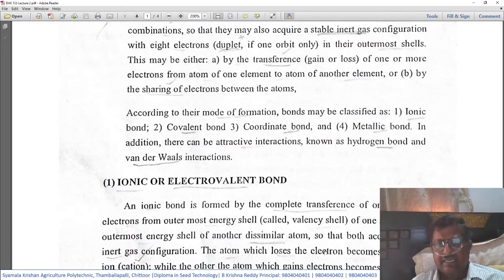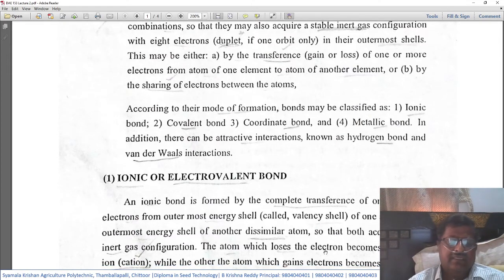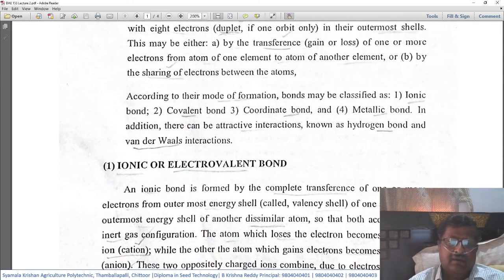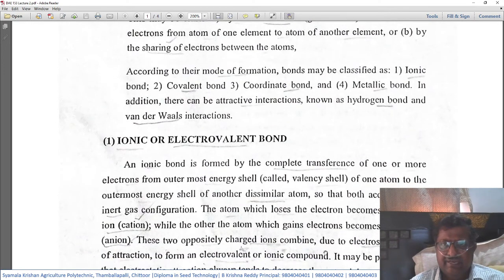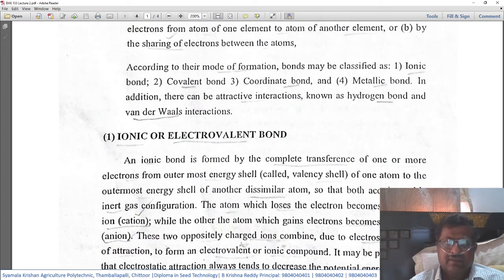They are known as hydrogen bond and van der Waals interactions. These are a little weak compared to the previously mentioned bonds. So now let us see in detail these varied types of bonds.